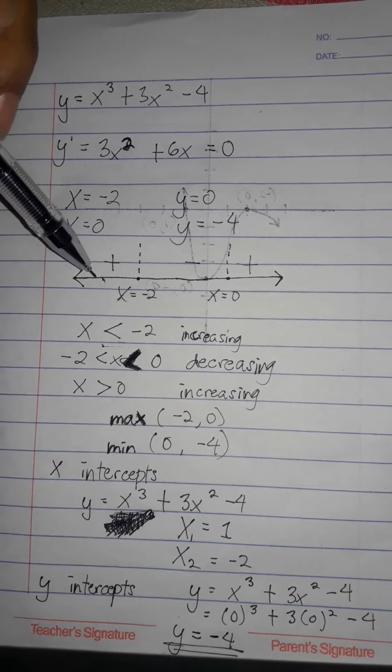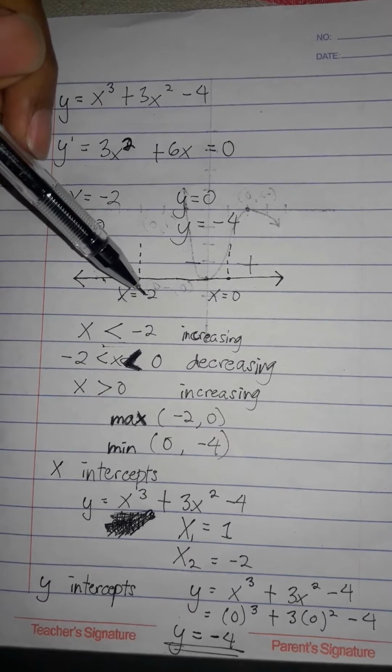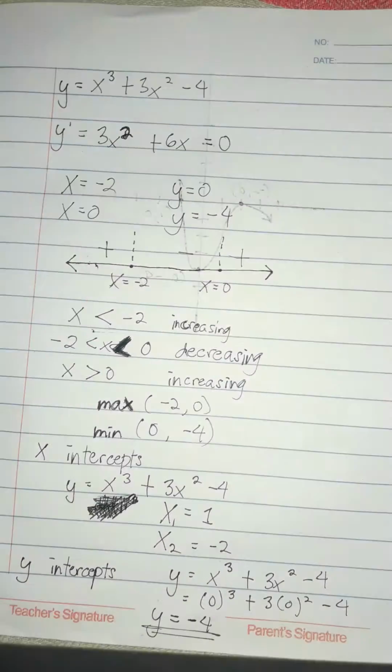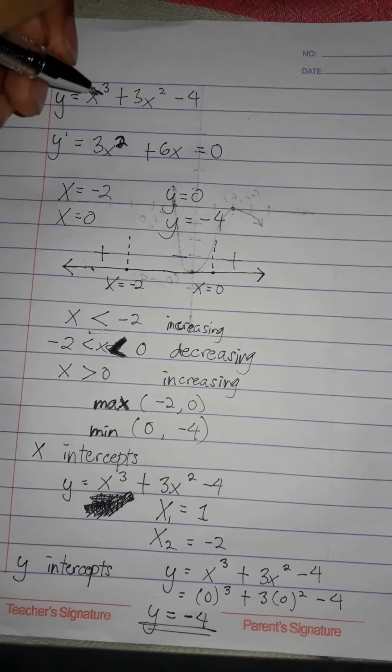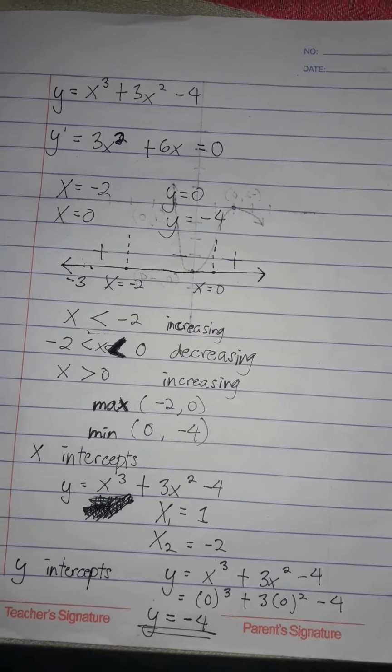So we will choose a number which is smaller than negative 2. So we're gonna choose a number that is less than negative 2. So we're gonna choose negative 3.